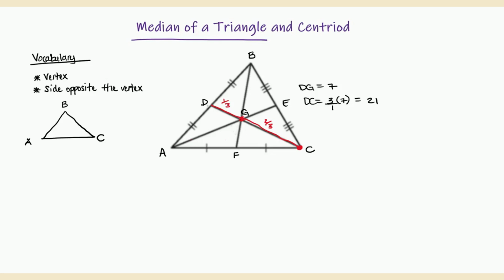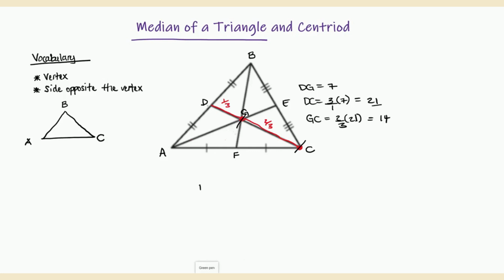But again, what if you are asked for GC? Well, if you have the full length, you can always just multiply by 2/3. So GC would be 2/3 of the full measure being 21. And that works out to be 14. So let's double check.